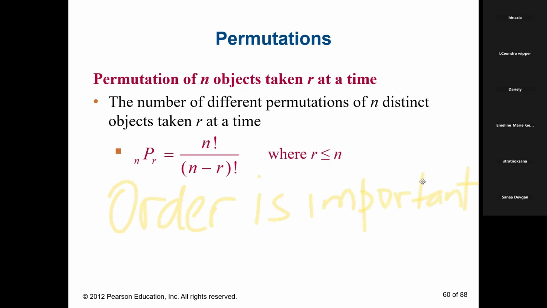Now, n is always greater than or equal to r. r cannot be greater than n, but they can be equal. Got it?